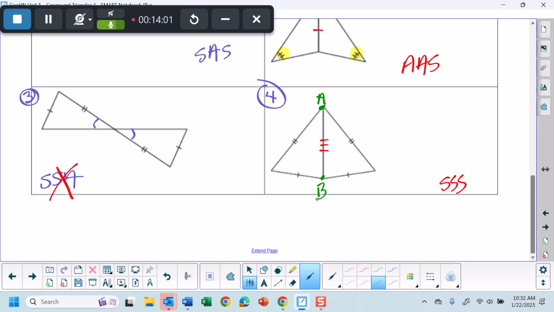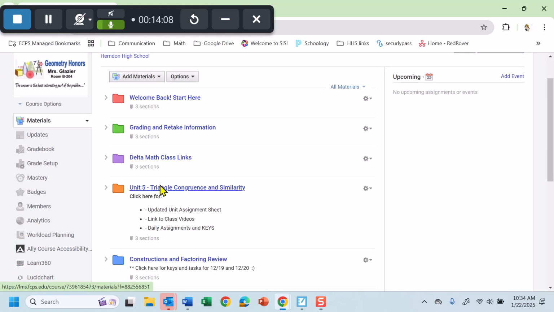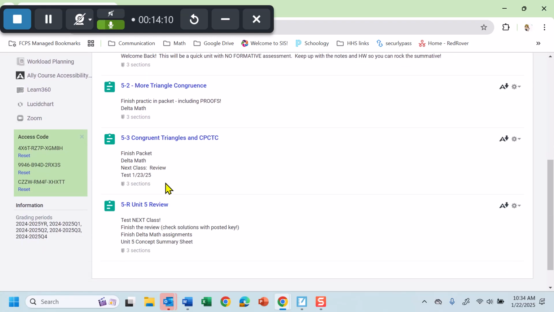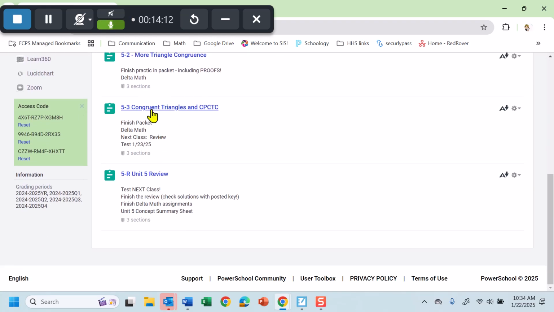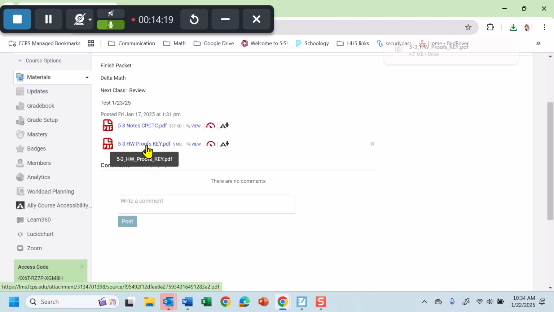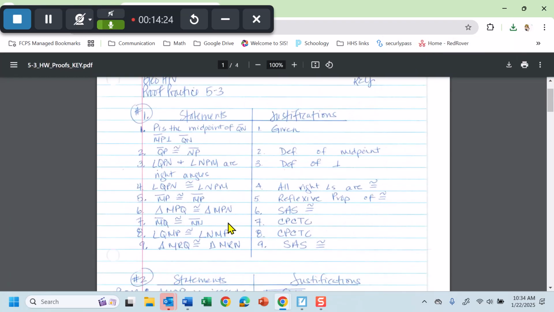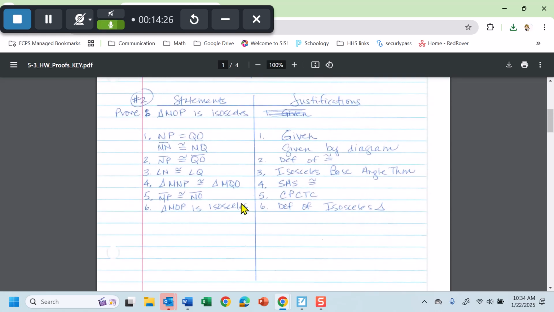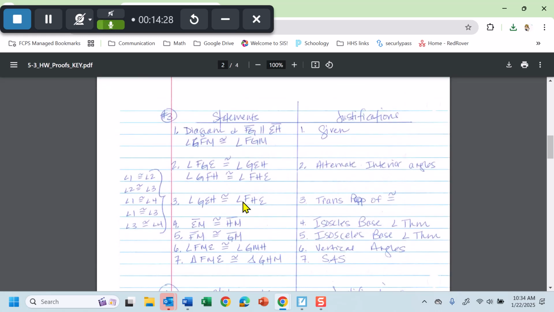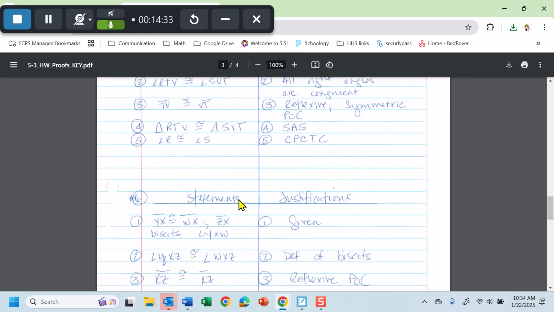All right. Here comes what's next. What I want to show you is under the triangle congruence, and we have last night's homework. If I go here, congruent triangles in CPCTC, I posted a key, and this key is my handwritten full absolute proof of how each of these triangle proofs will work.